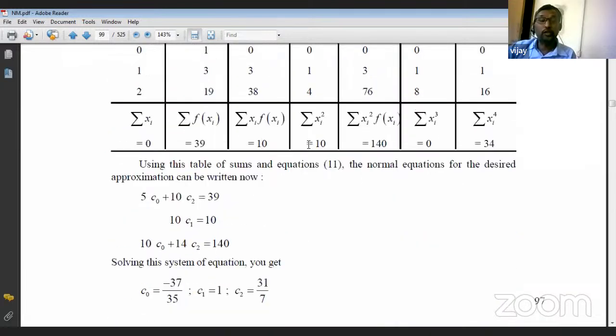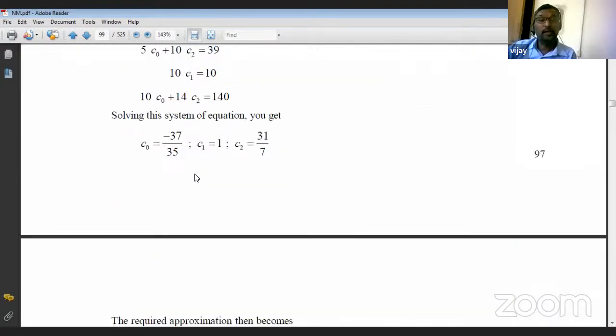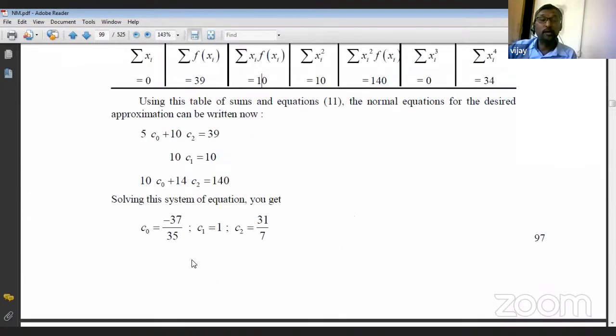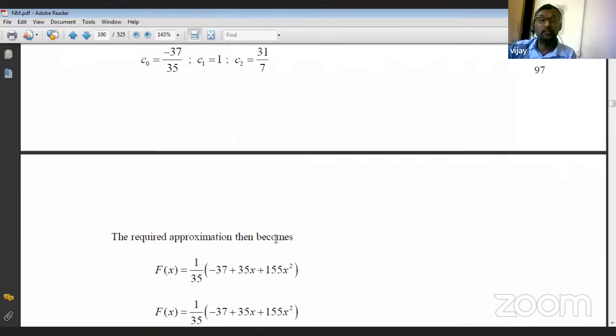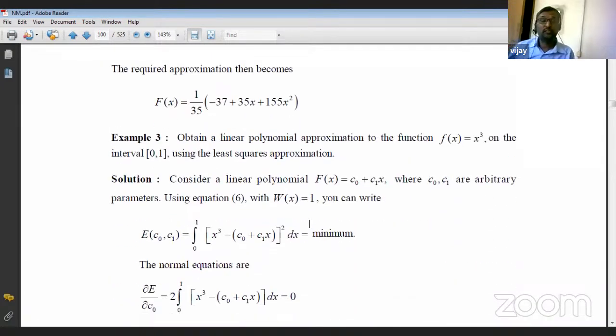So that is the value 14C2. That is 140. So we are calculating C0 equals minus 37 by 35, C2 equals 30 by 7. We are writing that f of x is equal to 1 by 35 and also minus 37 over 35, less than 56. That is easy.